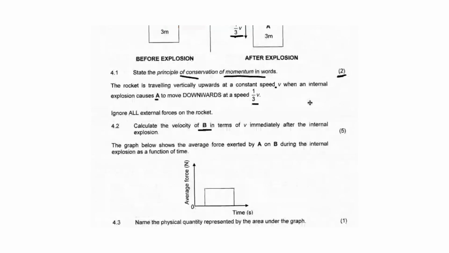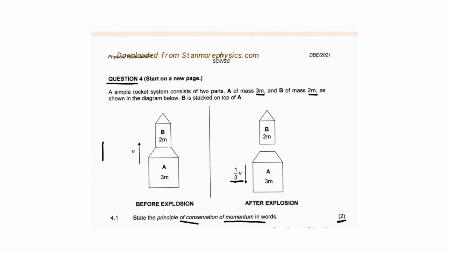And with conservation of momentum, if we write it for the system, we're going to have the mass of A and V initial of A plus the mass of B and V initial of B equals to the mass of A and V final of A plus the mass of B and V final of B. Remember, this is the principle of conservation of momentum.